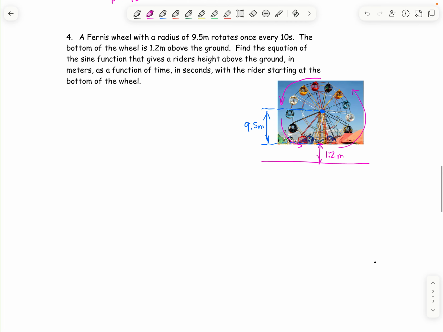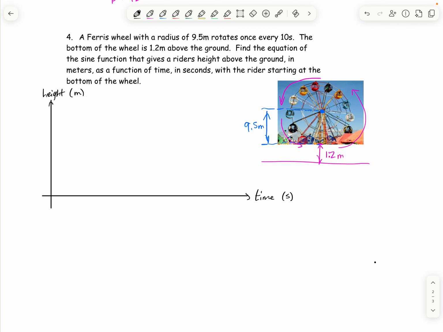Let's draw a sketch here to help me picture what's going on. Sketches are always nice. Here this is going to be time in seconds, because that's the unit of time in this question, and this is height in meters.